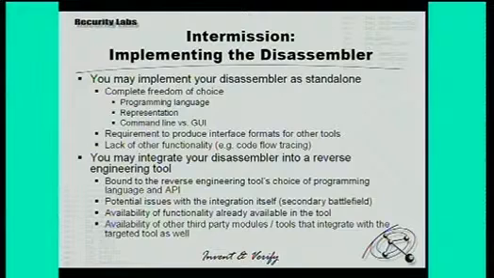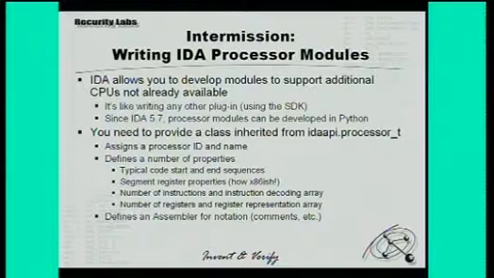That means you're bound by whatever choice of programming languages they provided and the API. You have potential integration issues, and with IDA you will. Availability of the functionality that you already have in IDA, however, might help you later on. So I opted for doing the second, so I actually had to write Python.